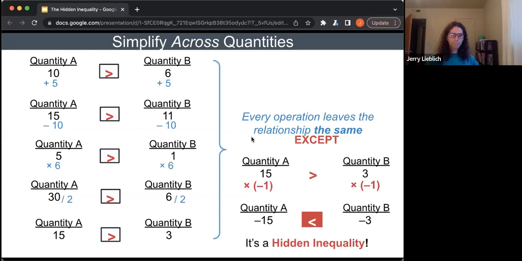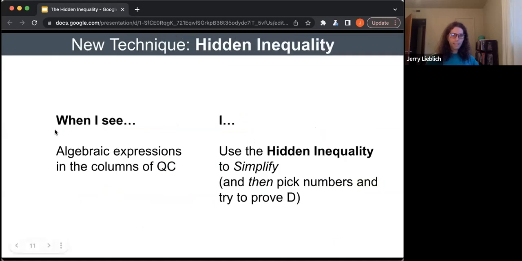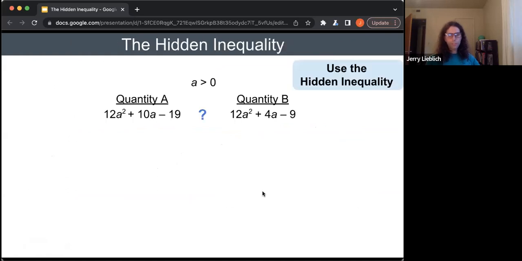So when I see algebraic expressions in the columns of my QC problem, I'm going to use this hidden inequality trick to simplify across the columns and then do what we always do on QC, pick numbers and try to prove D. So let's return to this ugly problem we started with.